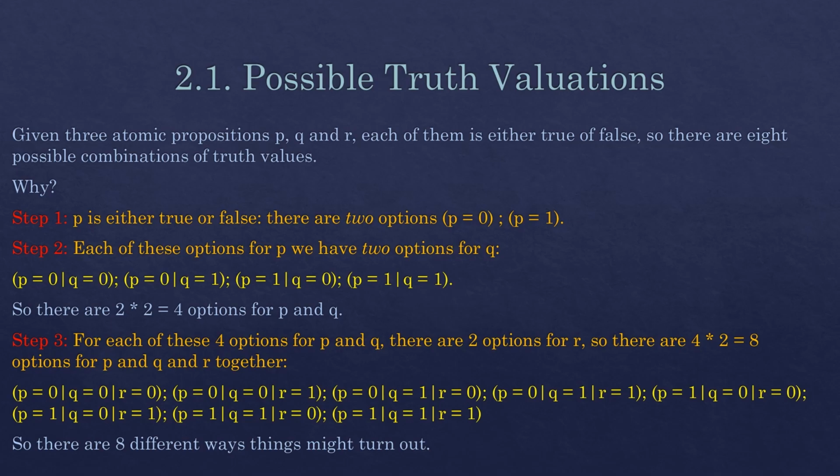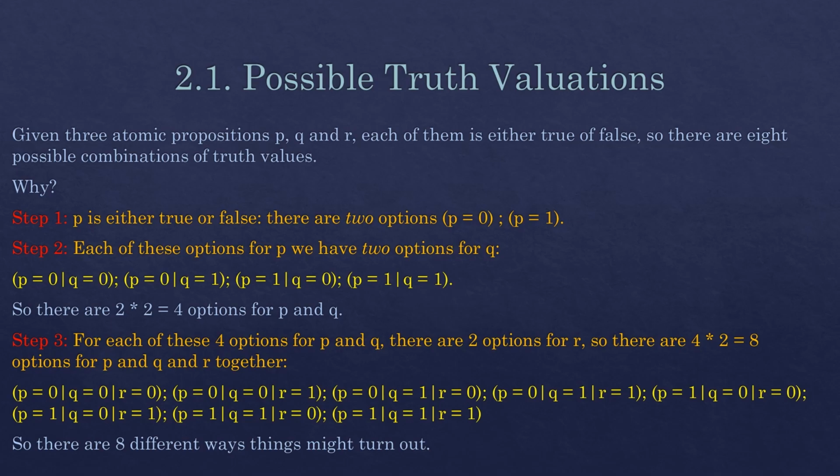Let's move to step 2. For each of these options for P, we have 2 options for Q. In that case, we have 4 options for P and Q. How can we get these 4 options? It is 2 times 2.